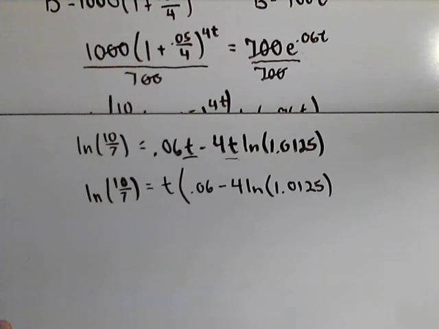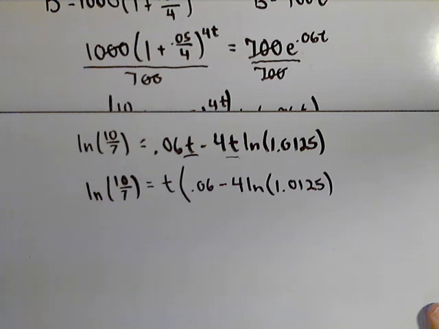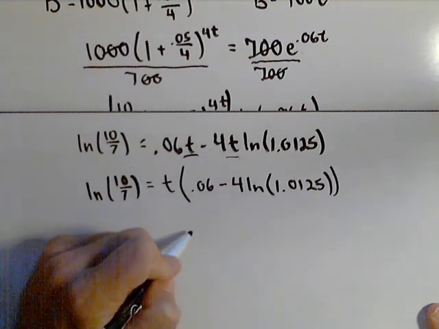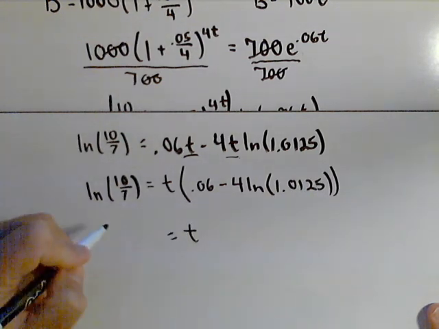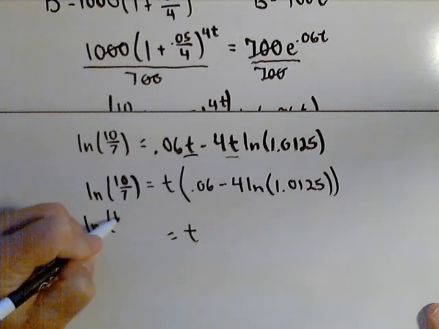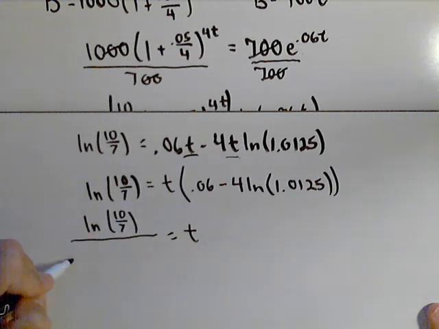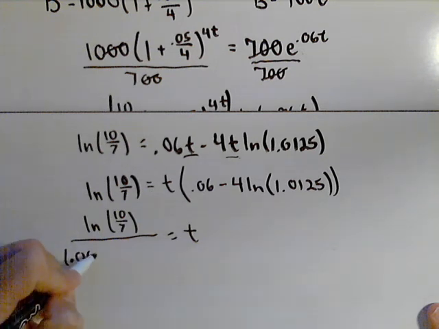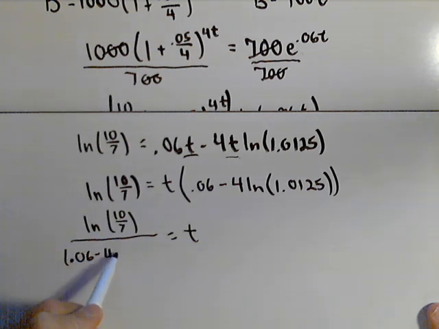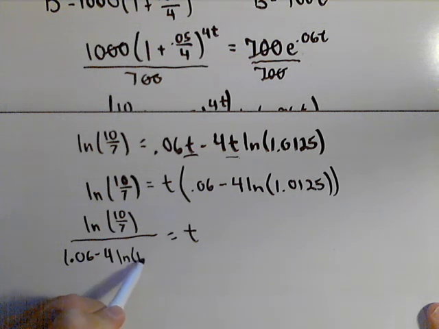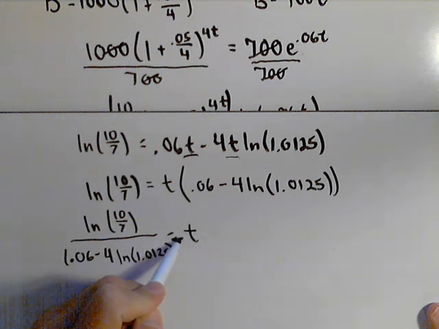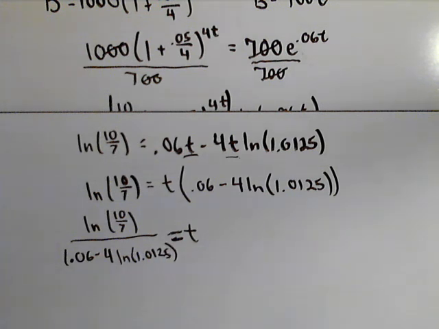So to finish solving for t, all I need to do is divide. So t is equal to natural log of 10/7 all over 0.06 minus 4 ln of 1.0125. And notice I can actually use a straight equals because this is the exact answer.